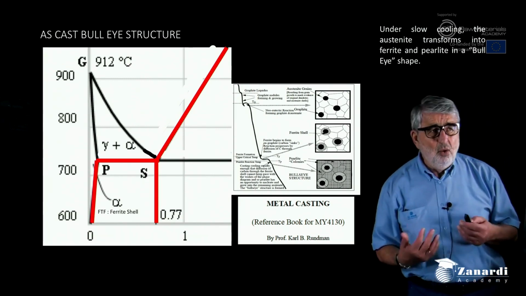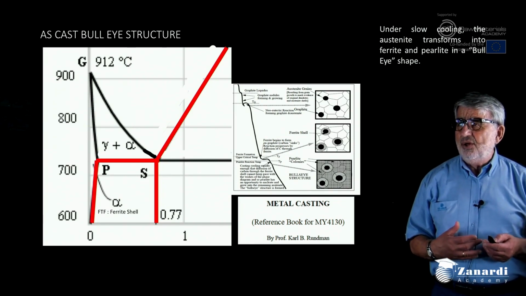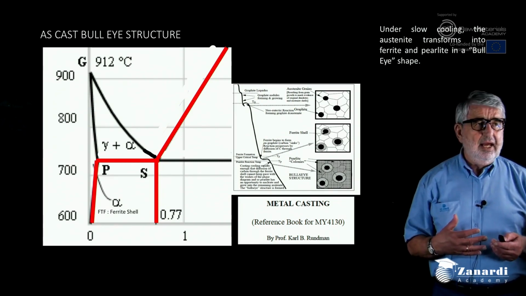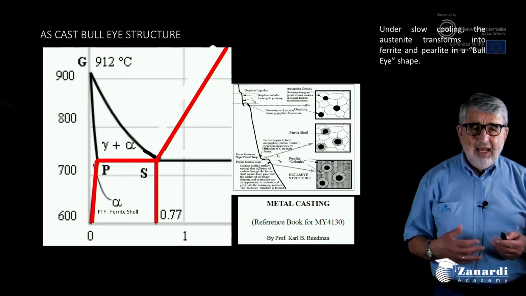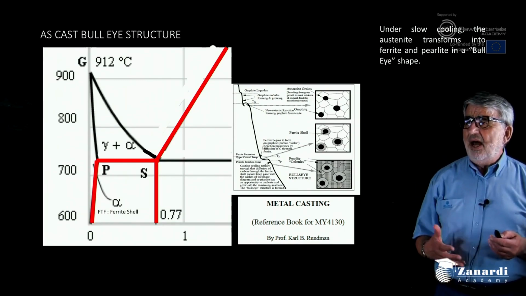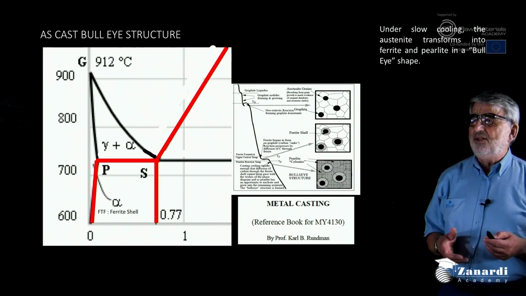It depends on the cooling rate, and it depends also on the chemistry, on the alloying manganese and copper and other alloying elements that we have in the matrix.